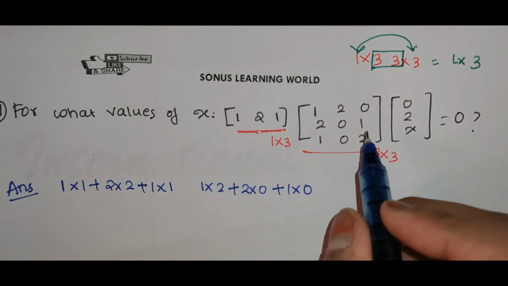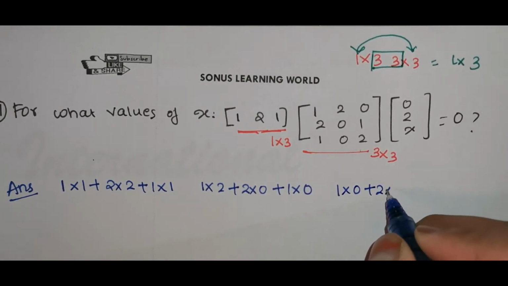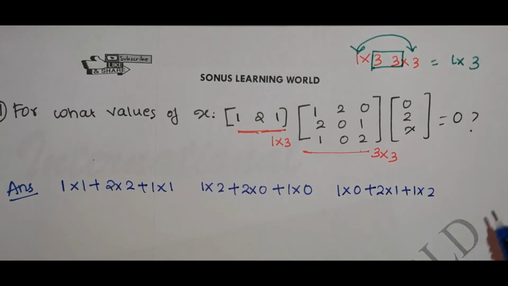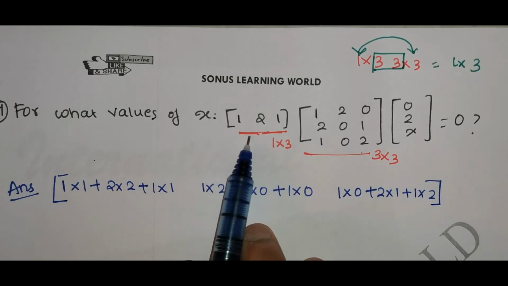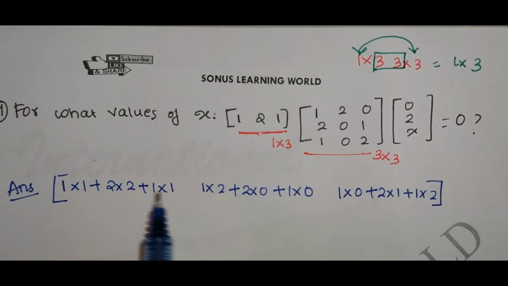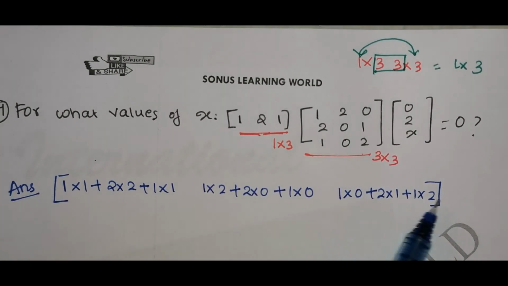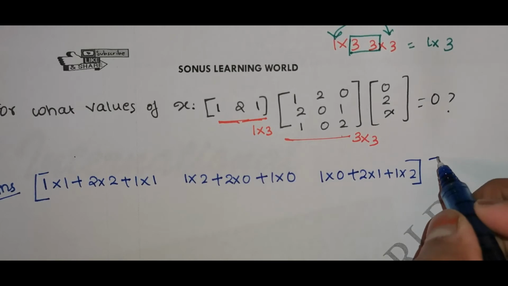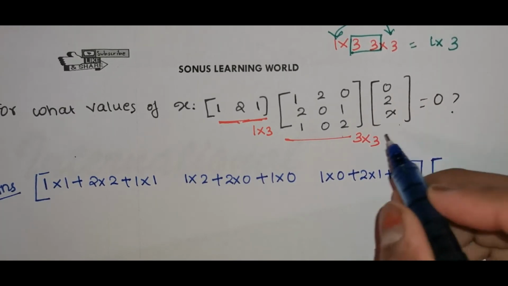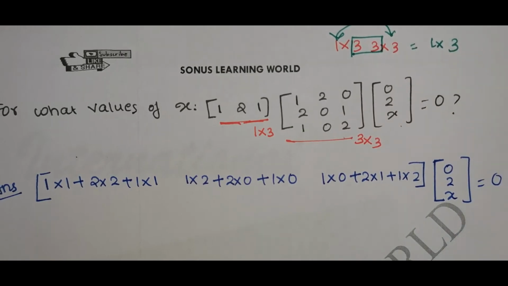Next, first row and the third column: 1 into 0 plus 2 into 1 plus 1 into 2. So this is my matrix. There is only one row, so the resulting matrix is a 1 by 3 matrix. We have to simplify later. And into what matrix? It is [0 2 x], and that is equal to 0.